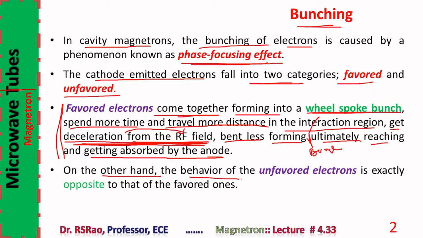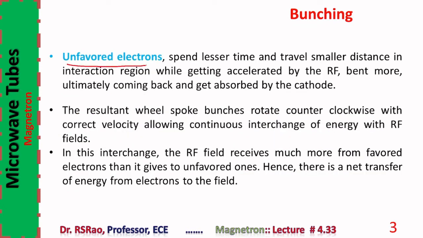On the other hand, the behavior of unfavored electrons is exactly opposite to that of the favored ones. Unfavored electrons spend less time and travel smaller distances in the interaction region while getting accelerated by RF. Acceleration by RF means energy transfer is from RF into electrons. During this process, naturally, RF gets weakened, which is unwanted.